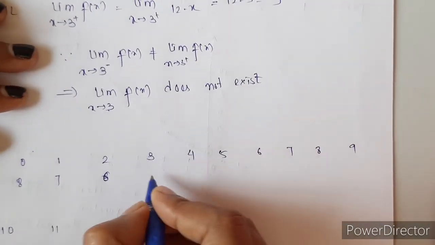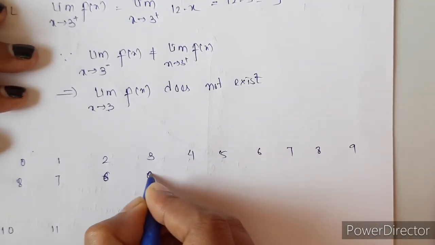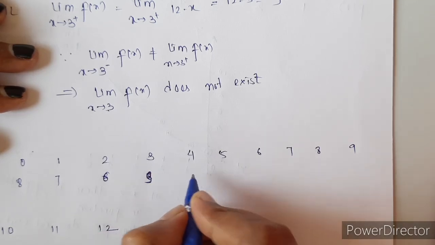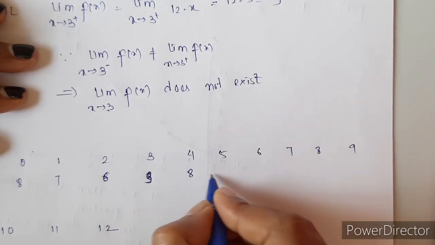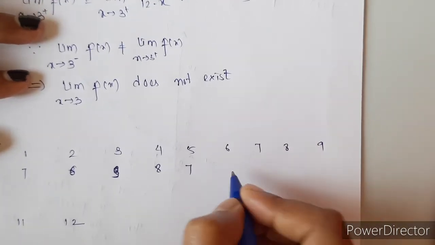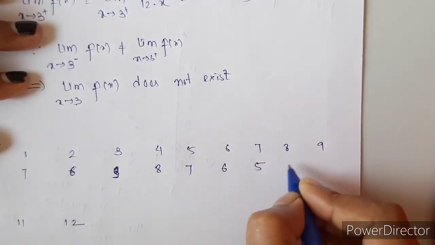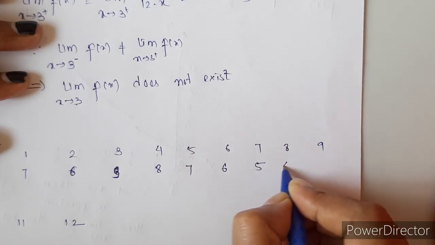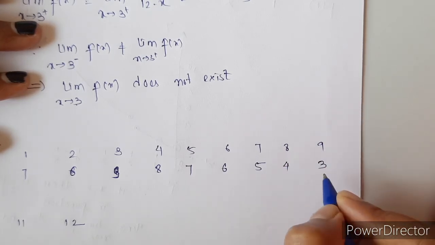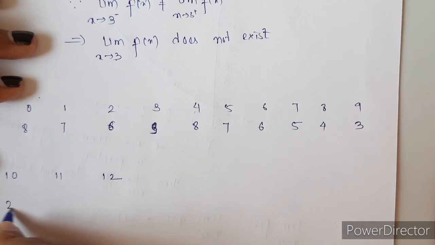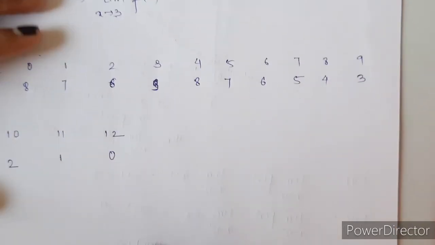So 12 minus 3 is 9. And 12 minus 4, 8. 12 minus 5, 7. 12 minus 6, 6. 12 minus 7, 5. 12 minus 8, 4. 12 minus 9, 3. 12 minus 10, 2. 12 minus 11 is 1 and 12 minus 12 is 0. Right? So we got our points.